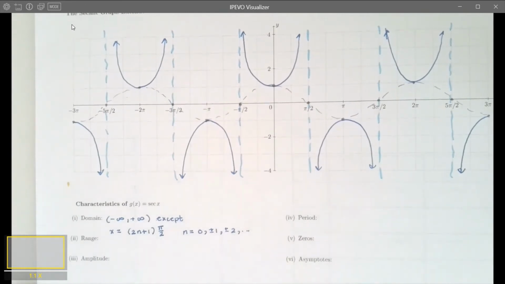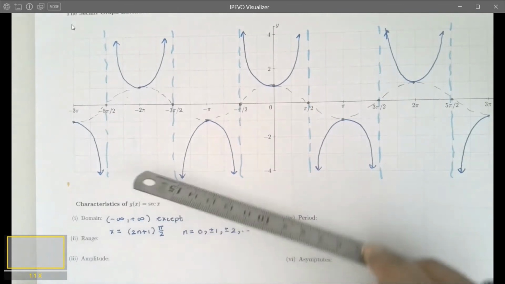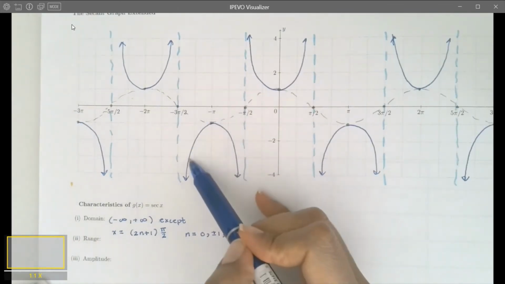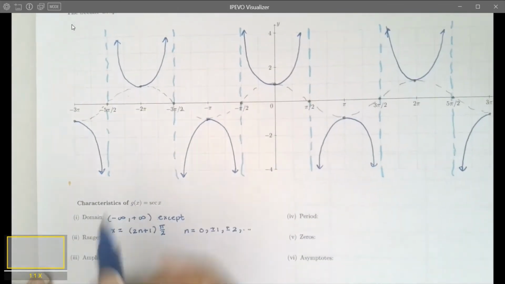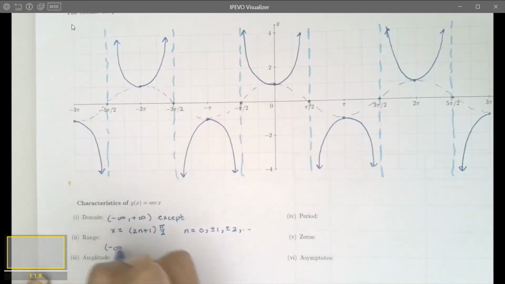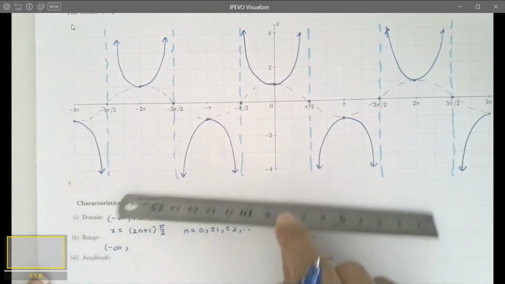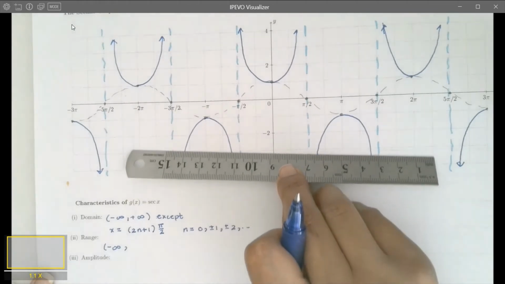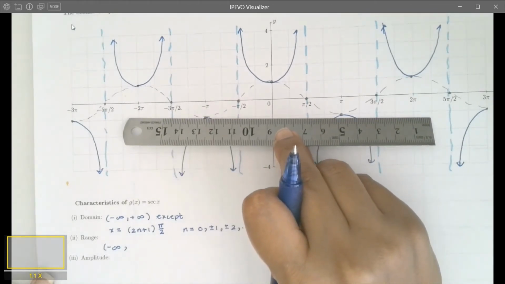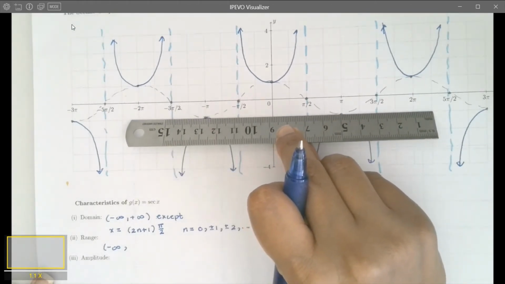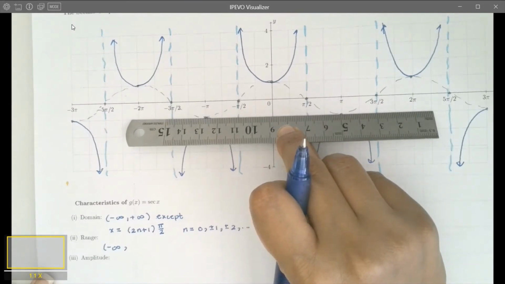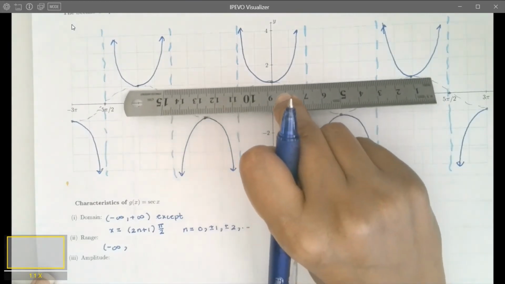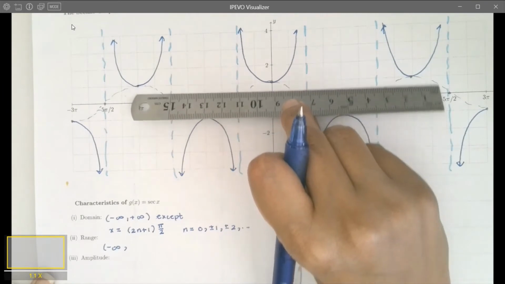Now what about the range? Range again is the y values that are reached by the graph. We go all the way down to negative infinity, and if we want to see the highest y value, there's a momentary break. That happens at -1, because from -1 to 1 there's no part of the secant graph.